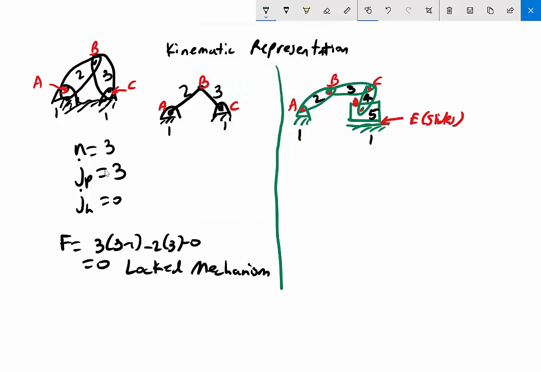Let's do the kinematic representation now. Simplification of the shape. Okay, I drew a little lower 3 because it doesn't make a difference what position it's in.